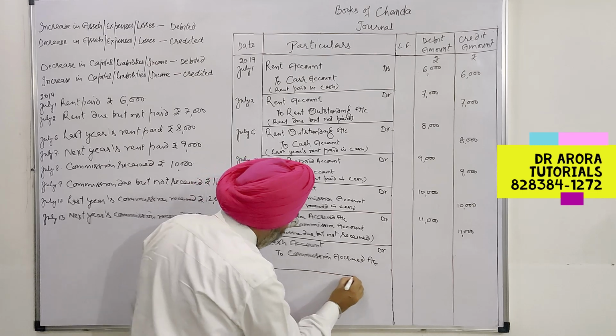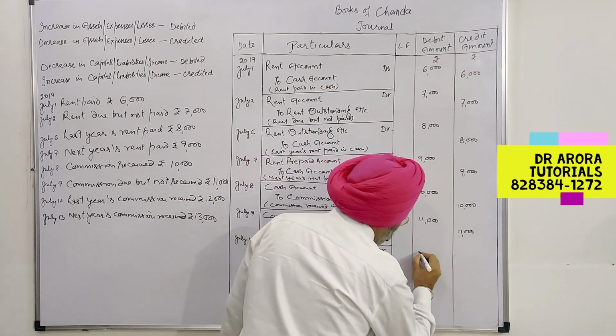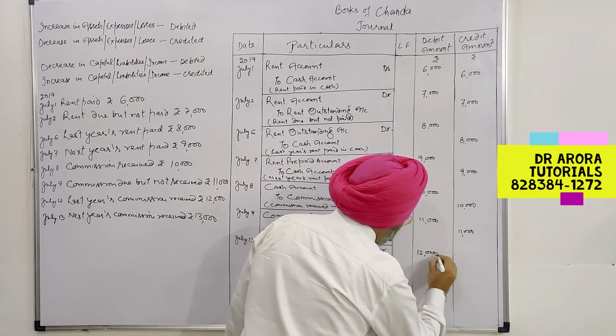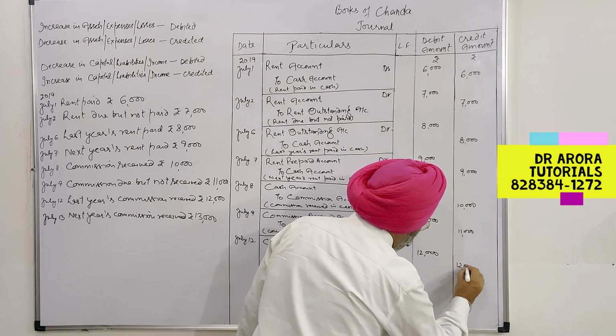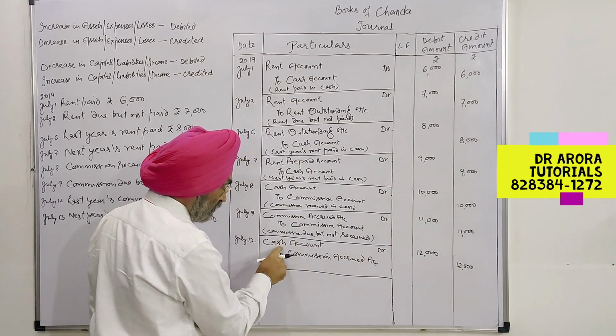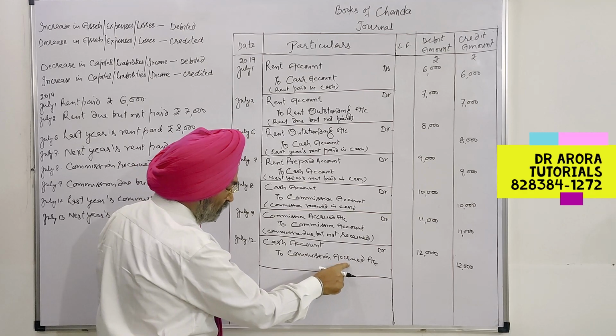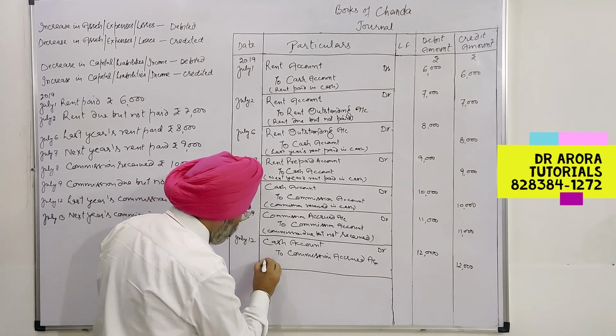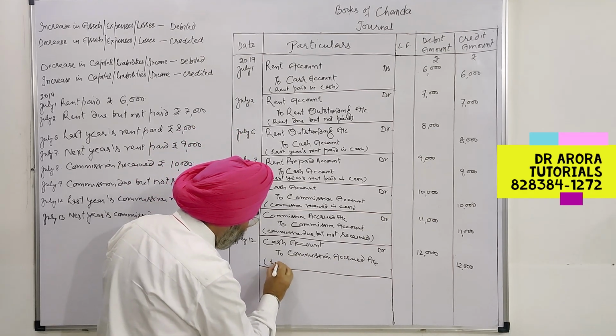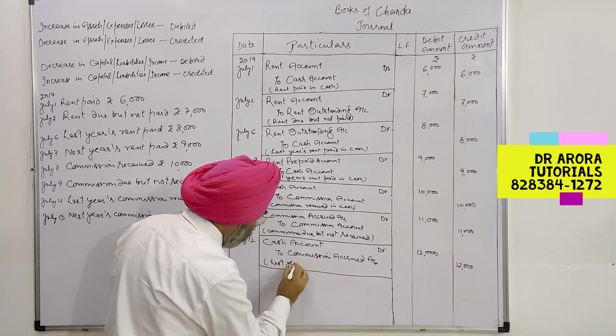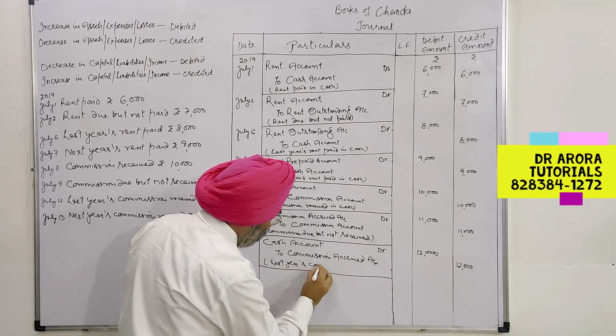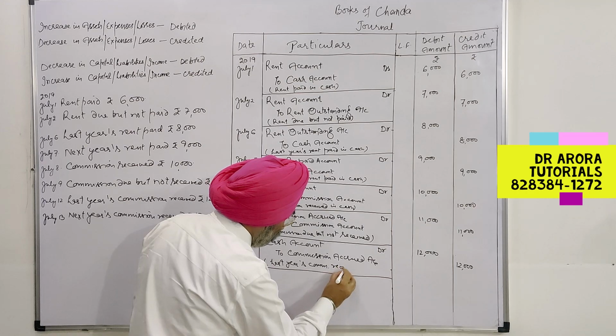So one asset is increasing, another asset is decreasing. So this is the last year's commission received.